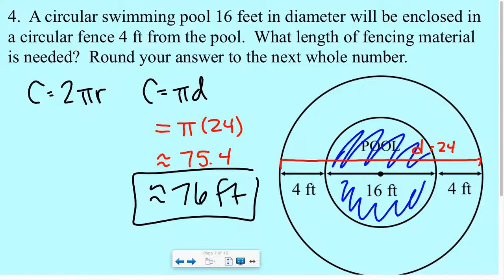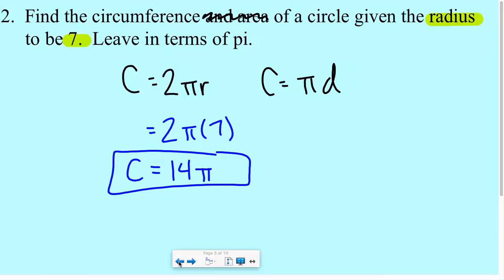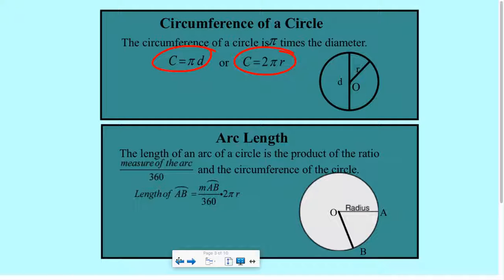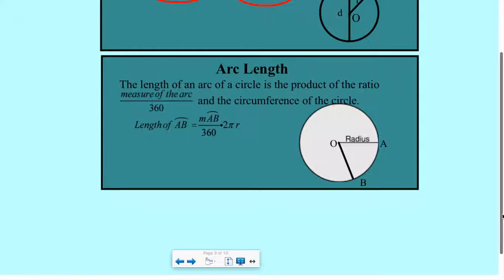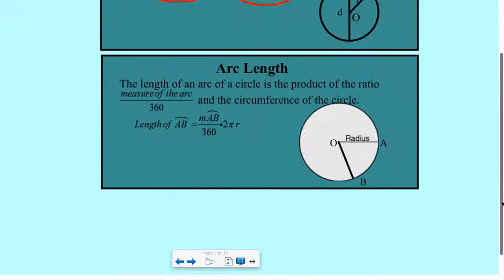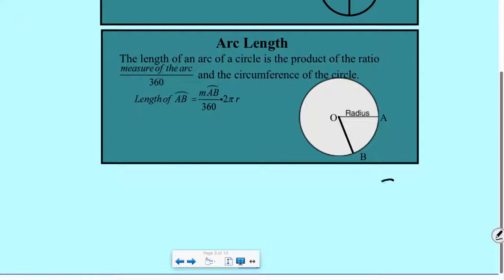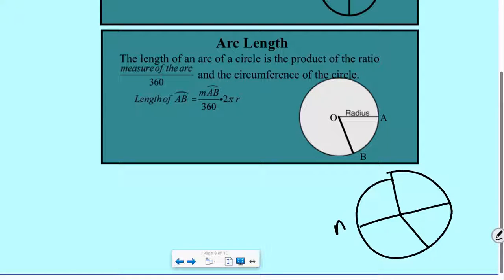Arc length. So there's two things that you can measure about an arc. It's measurement and then the length of it. Here's circle E, and those are all supposed to be radii.